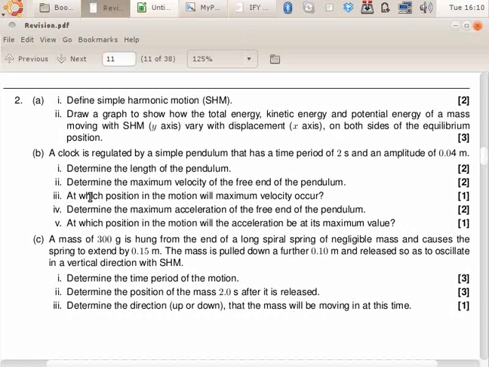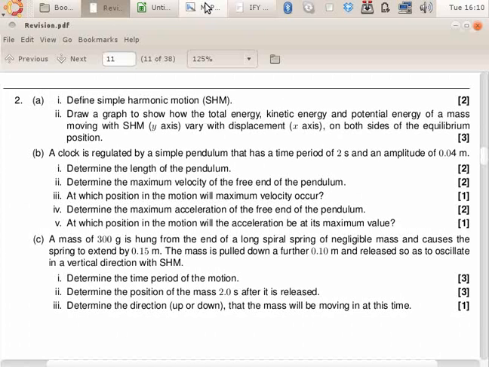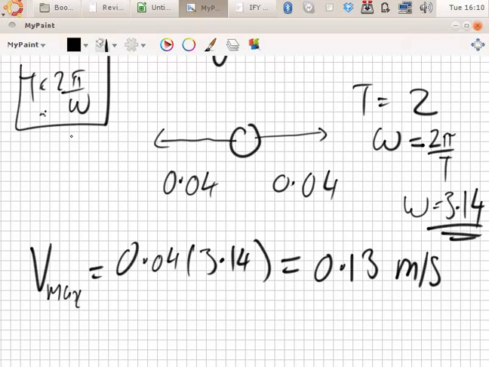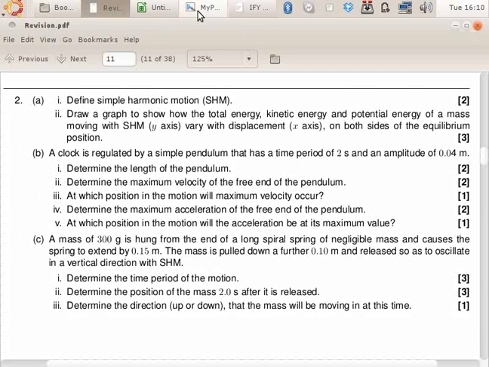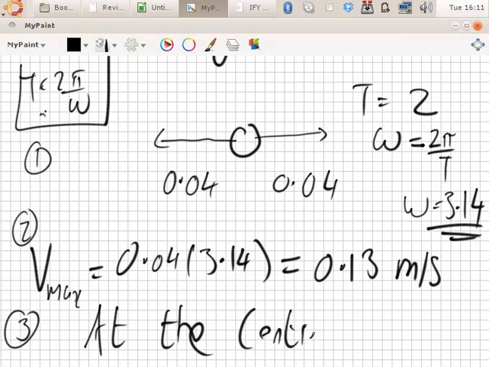When will its velocity be maximum? When it's at the bottom. But if we're just talking about a straight line, give it to me in that description. The pendulum ball will be at the origin, at the center will do, or at the origin.